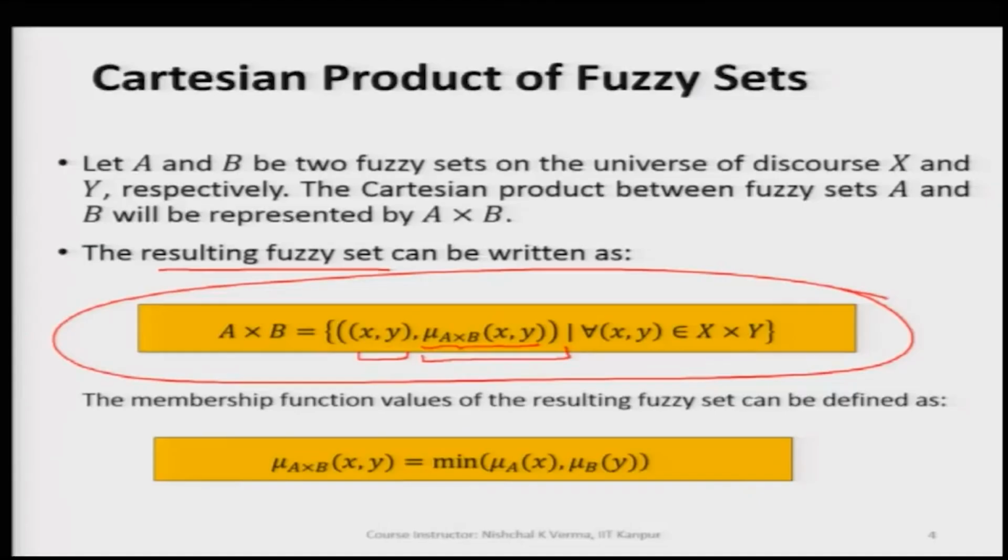Now, along with (x, y) we have mu A cross B of (x, y).